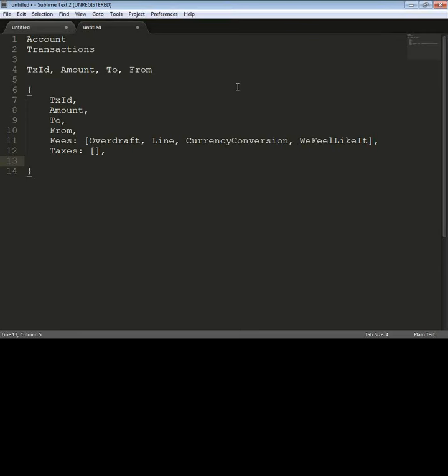This means that the government gets involved and they take some cut out of that. All sorts of stuff like that. And this is on an actual per transaction basis. So a transaction is by no means as simple as just a couple of values that sit on a row somewhere. This is something much, much more complicated.